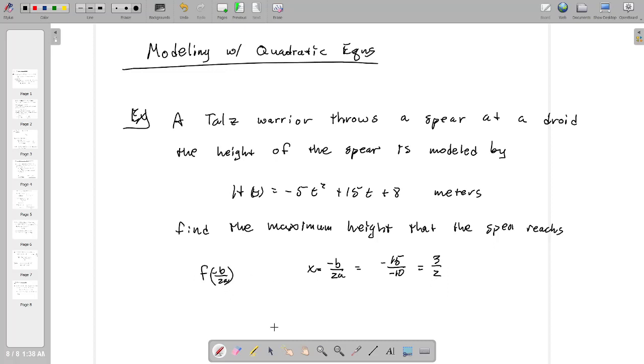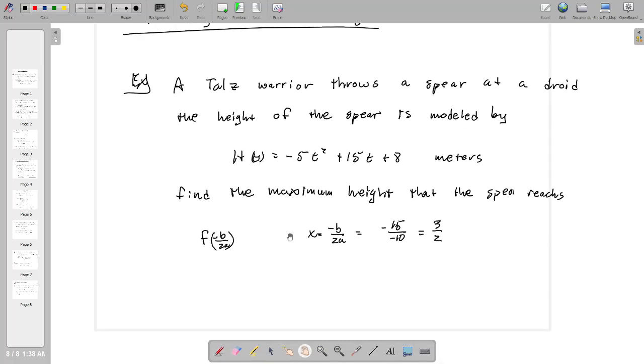Now to find the actual maximum, we just plug 3 halves into the equation. Negative 5 times 3 halves squared plus 15 times 3 halves plus 8. That is negative 45 over 4 plus 45 over 2 plus 8.